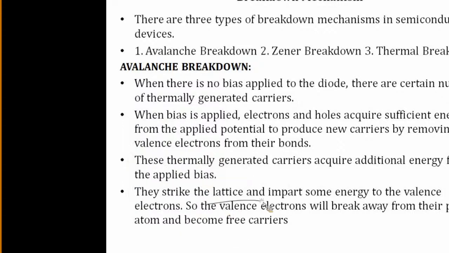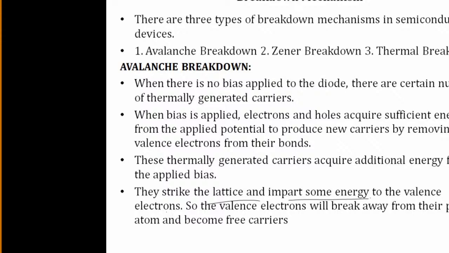When they strike the lattice and impart some energy to the valence electrons, generally in avalanche breakdown, only loosely coupled valence electrons are going to break the bonds. Now in case of Zener breakdown, due to the huge external electric field, the covalent bonds are going to rupture. But in avalanche breakdown, these covalent bonds are not rupturing.